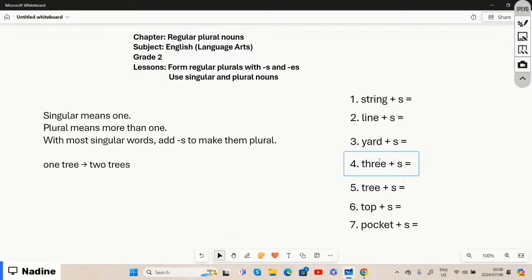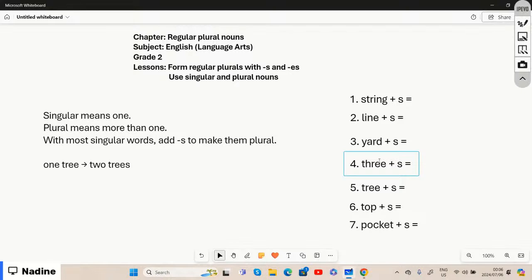Singular nouns refer to one person, animal, place, or thing. It refers to one of them. And plural nouns refer to more than one of whatever we just mentioned: more than one person, animal, place, or thing.